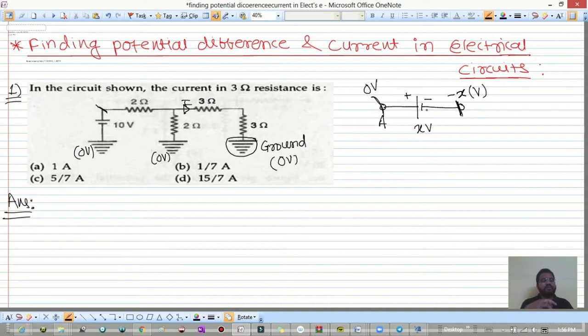Now to understand this, I'll take a very simple example. If I have a mobile phone, and I want to move this mobile phone from one point to another point, I have to do some work on it, right? So this is the point A, this is the point B. That work is stored in the form of potential energy over here.